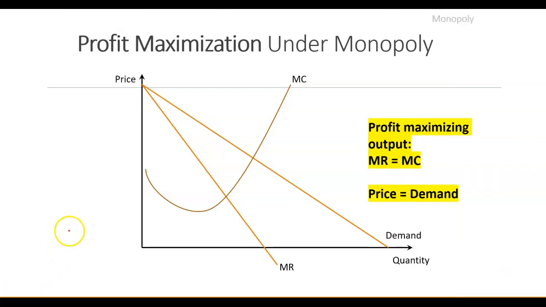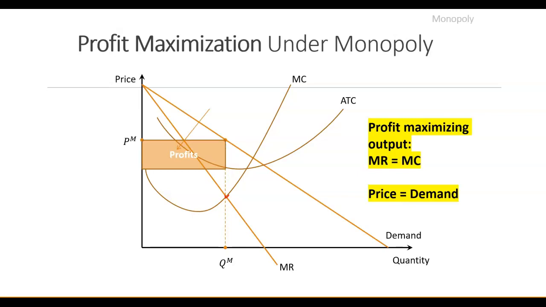Profit maximizing output, marginal cost equals marginal revenue. Price equals demand curve. So PM is the market price, QM is the market output. There's your average total cost curve. Recall that profit is what?